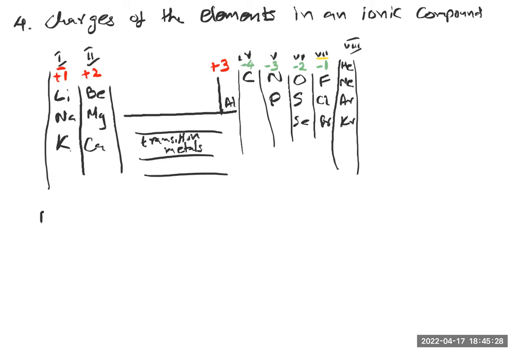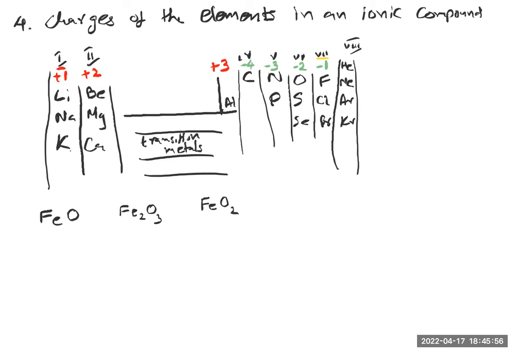So Fe can form an ionic compound with oxygen. It can form FeO, or it can form Fe2O3, or it can form FeO2, and so forth.